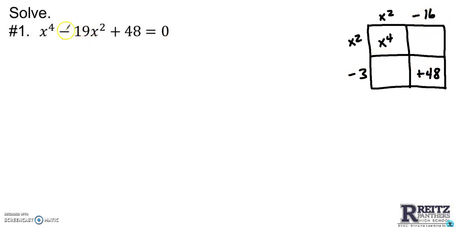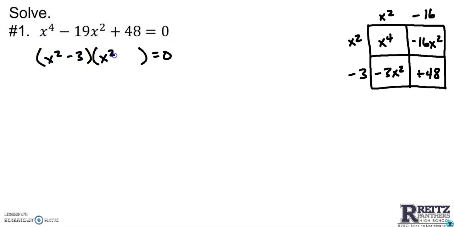If I add them, I'm going to get negative 19, and that makes our puzzle fit. This would be negative 16x squared. This would be minus 3x squared. That's the factorization that I need. So the left side of this equation looks like x squared minus 3 times x squared minus 16.